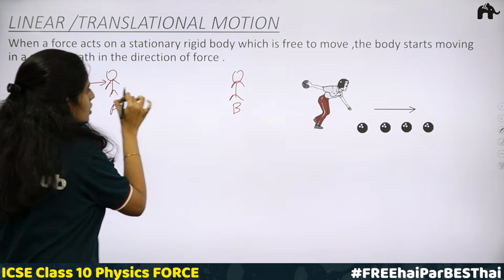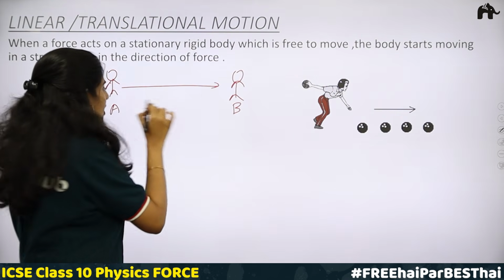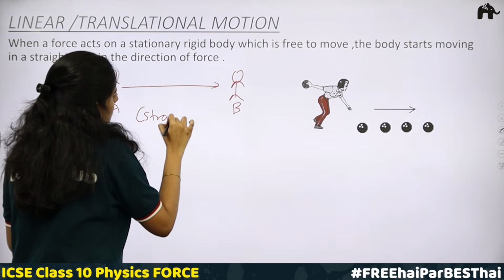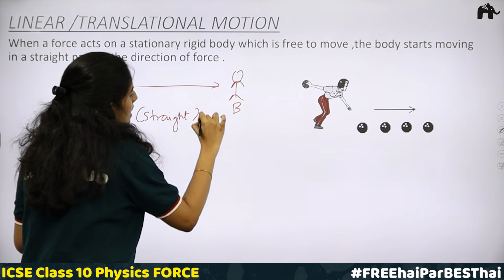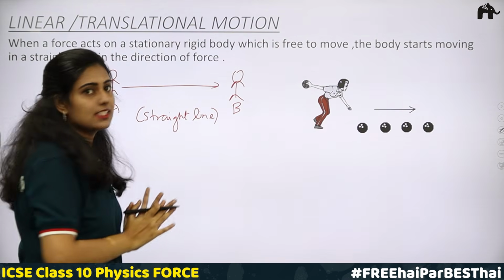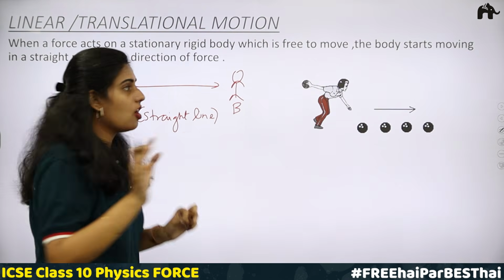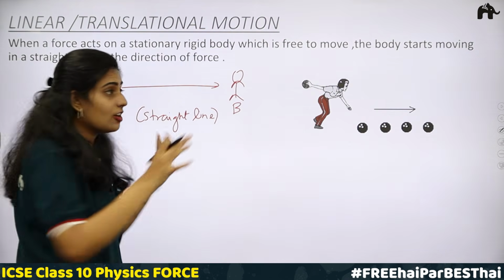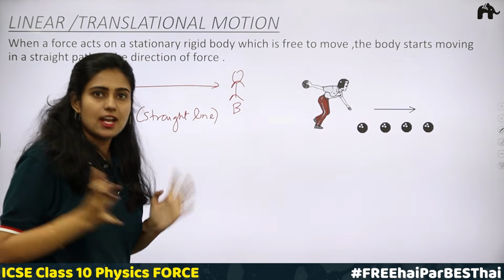In the same direction, I have moved along a straight line. My movement was along a straight line. This is an example of linear motion or translational motion.